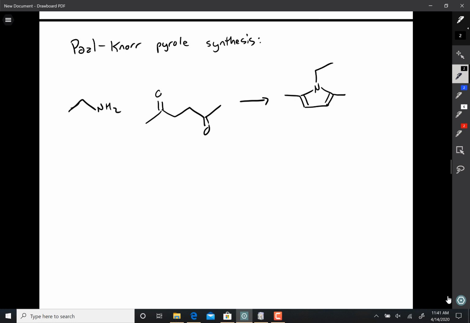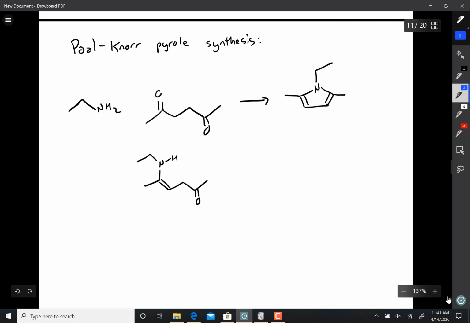And essentially, what's happening is you make an enamine on one side, and then you use the NH of the enamine on the one side to make an enamine on the other side as well.